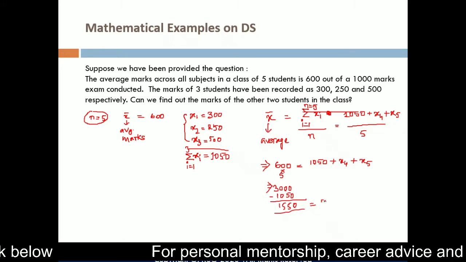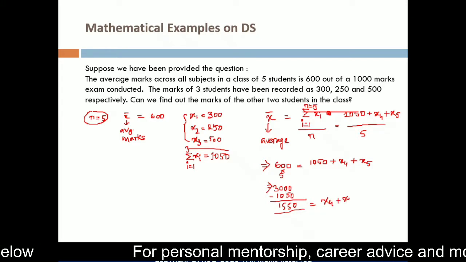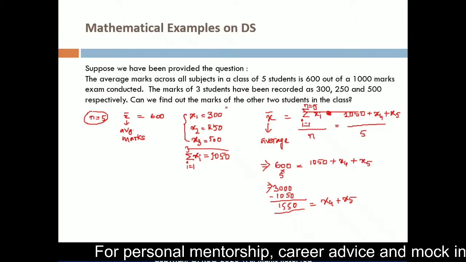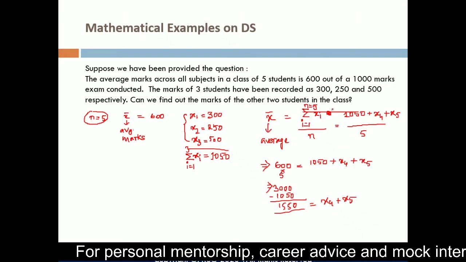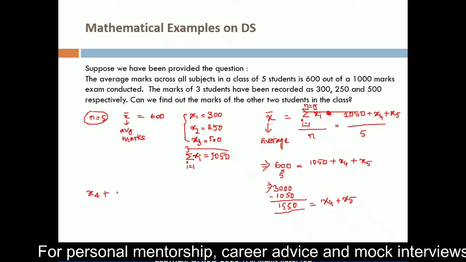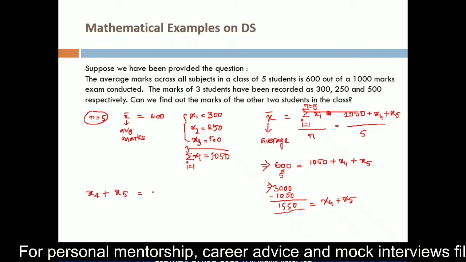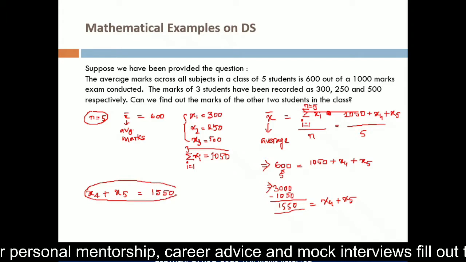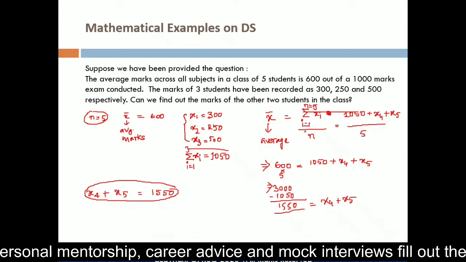We get 1950 equal to x4 plus x5. So the question asked here is, can we find out the marks of the other 2 students in the class? So the marks that the other two students have got in the class is a total of 1950. So we are able to get this answer from this particular equation.